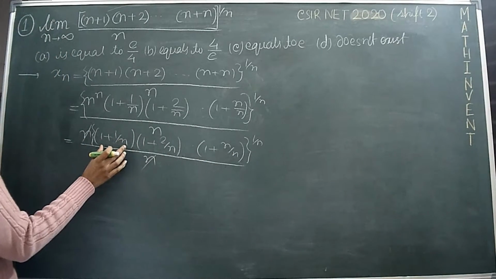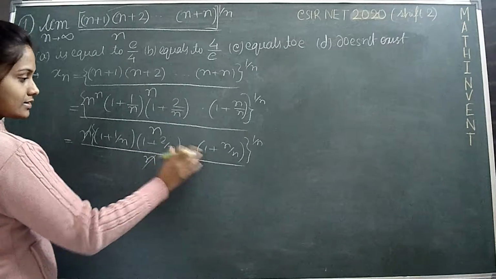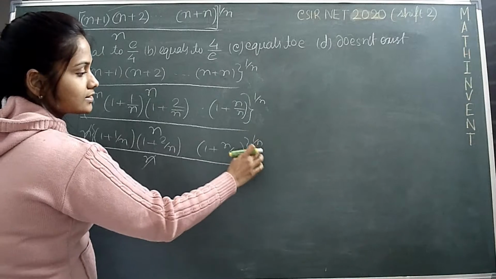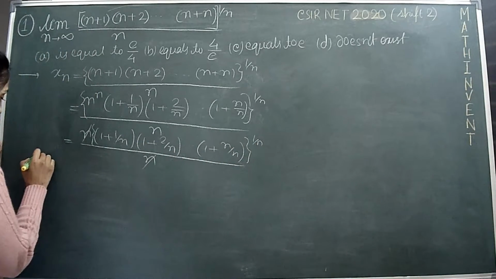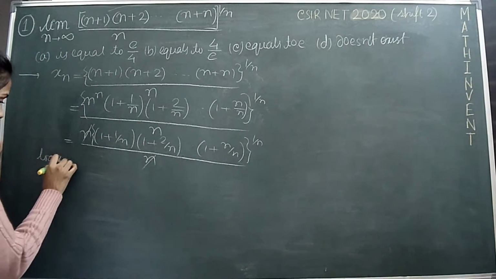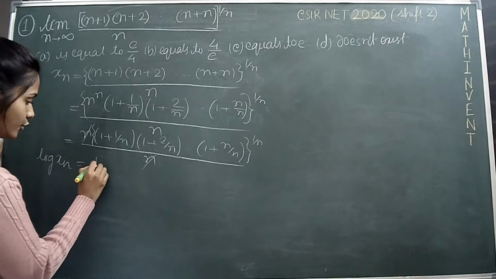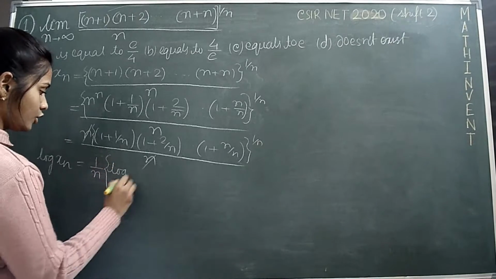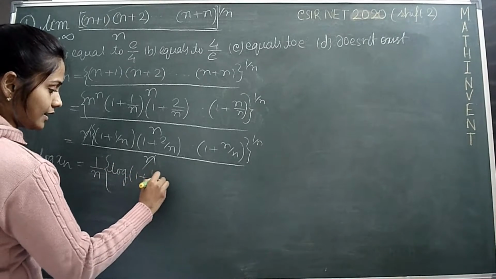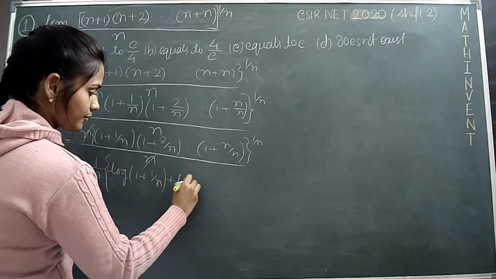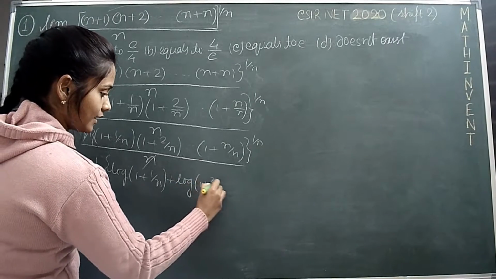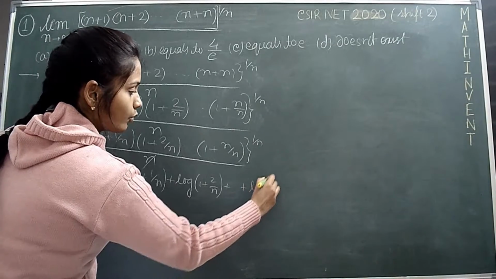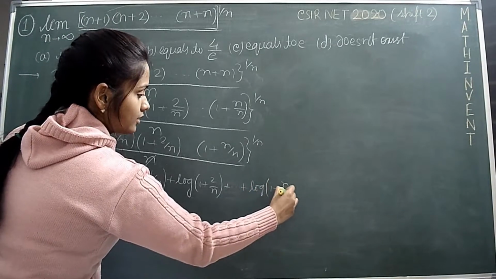Now take a look at this sequence. We have these terms multiplied and this is on the power. If we take log here, we will have log xn equals 1 by n into log of 1 plus 1 by n plus log of 1 plus 2 by n up to log of 1 plus n by n.